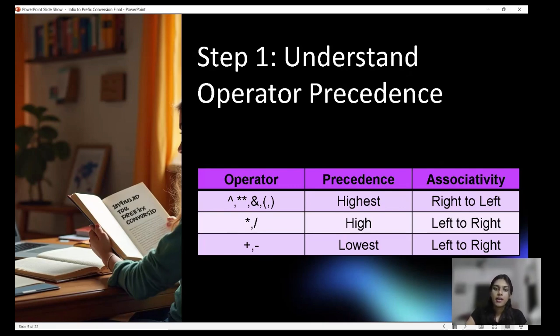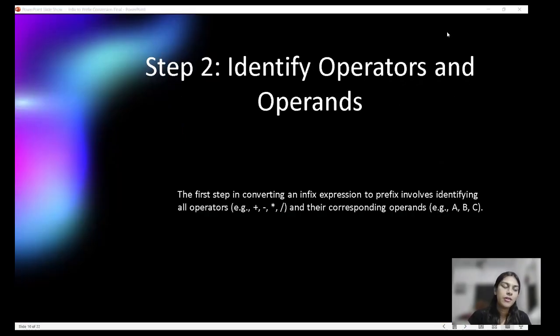Then at the highest level come the brackets and the exponential sign, which are of highest precedence, and the associativity is from right to left. Next, you identify the operators and the operands, to see which one we need to use first according to the operator precedence.